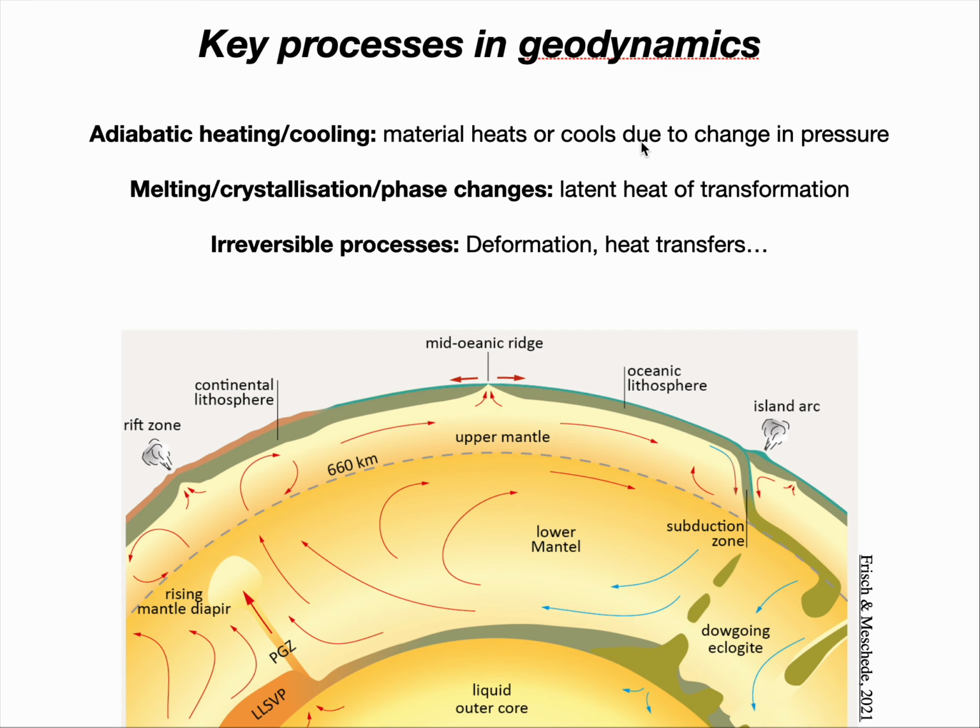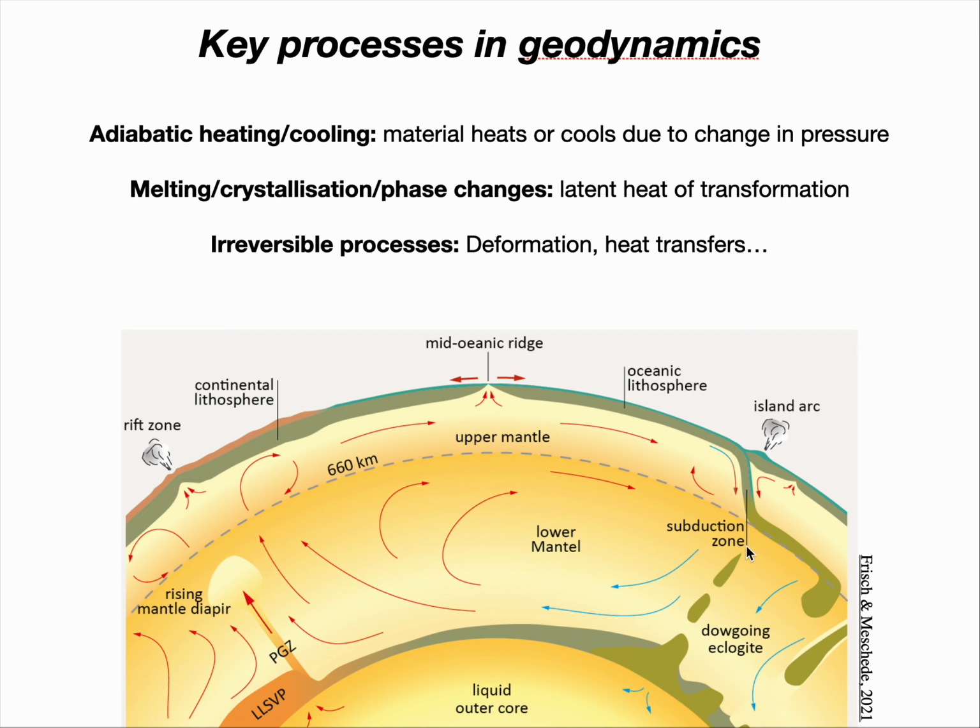So all of this, what we discussed today, will have some application in the coming lectures, because in the coming lectures we will discuss very important processes for geodynamics, which are adiabatic heating or cooling. It's when the material heats or cools due to change in pressure, for example, due to mantle convection or due to subduction of a plate.